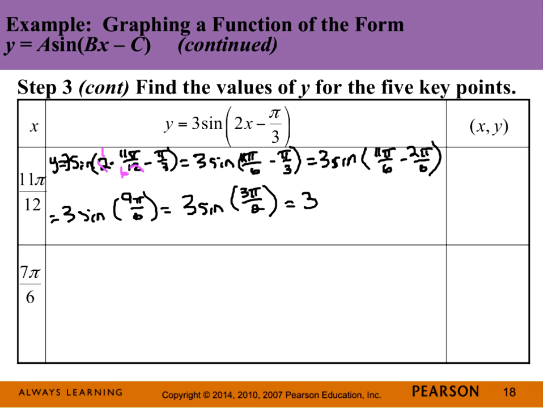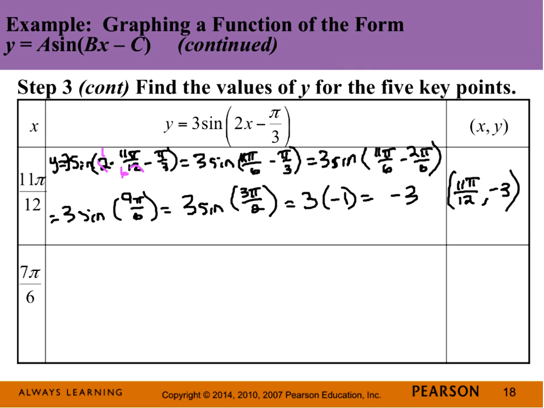The sine of 3 pi over 2 is -1, which gives me -3. So 11, I keep drawing the pi symbol for 11. There we go, 11. At least it's easy to turn a pi symbol into 11. 11 pi over 12, -3.